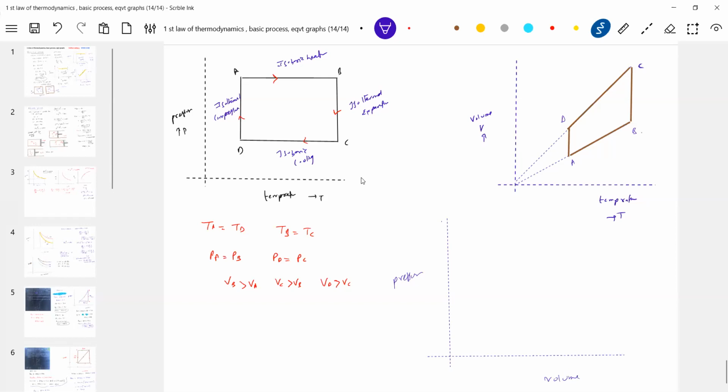So shall we put a straight line? Then afterwards, isothermal expansion. Then afterwards, isobaric cooling. So pressure constant, volume decreases.